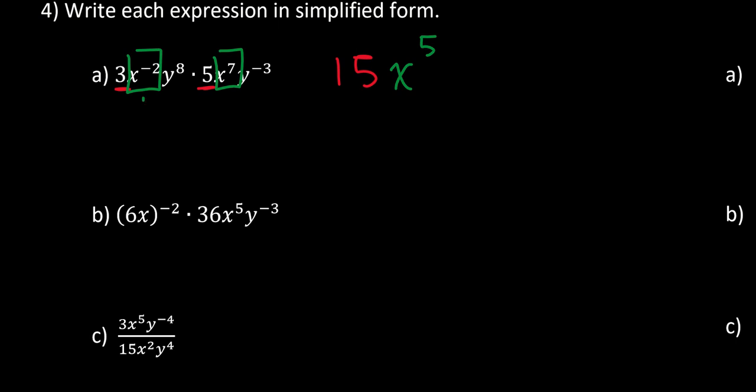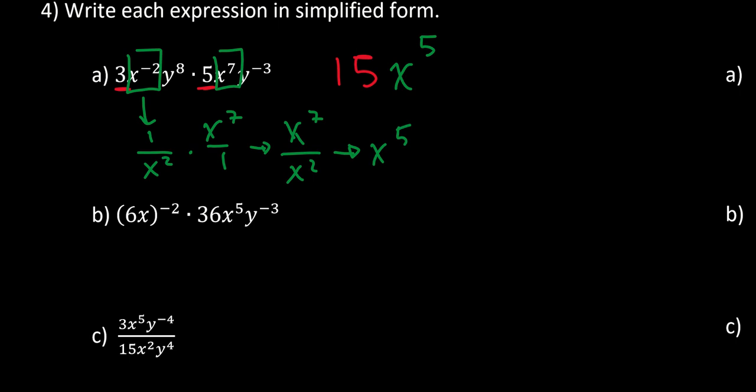Another way to think about this is of course 1 over x squared, and if I multiply that by x to the 7th power over 1, you can see it becomes x to the 7th over x squared, which is again x to the 5th power.